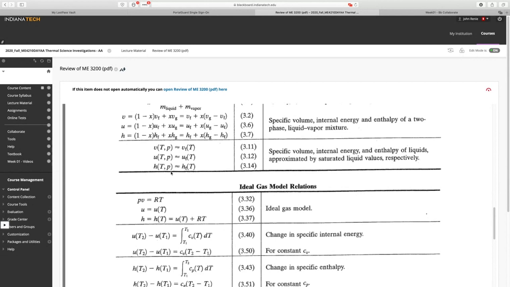There's very little dependency on pressure for those particular variables, and we'll use that throughout.